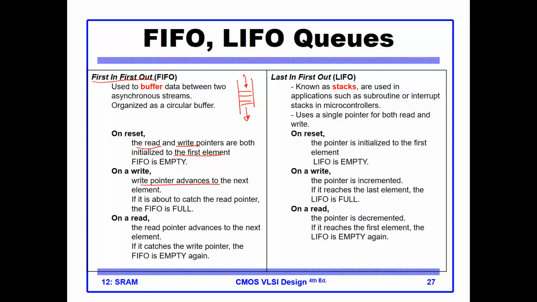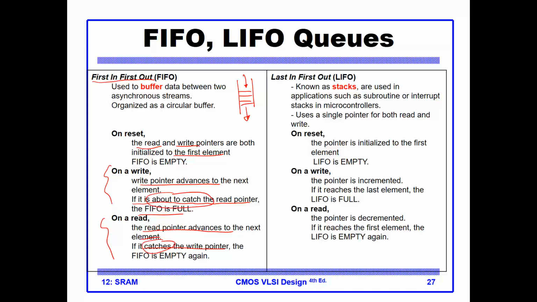Now, if the write pointer is about to catch the read pointer, and about to catch is -1 or +1 based on how you organize your addresses, then the FIFO becomes full. On the read side, whenever we read, we advance the read pointer, and if it catches the write pointer, then the FIFO is empty. Okay, so notice the about to catch and catch here.